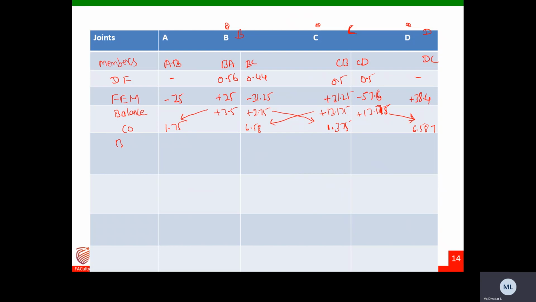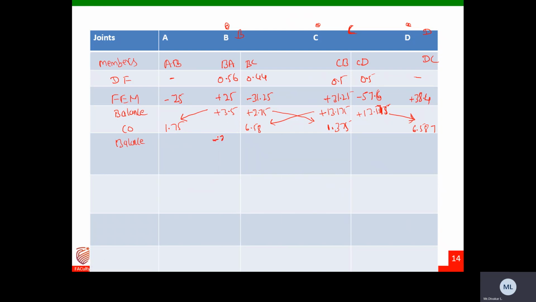Okay, now I did the carryover. Next, once again, I need to do the balance. 6.58 multiplied with 0.56, change the sign, write down the values. Very simple. So now it is minus 3.688.